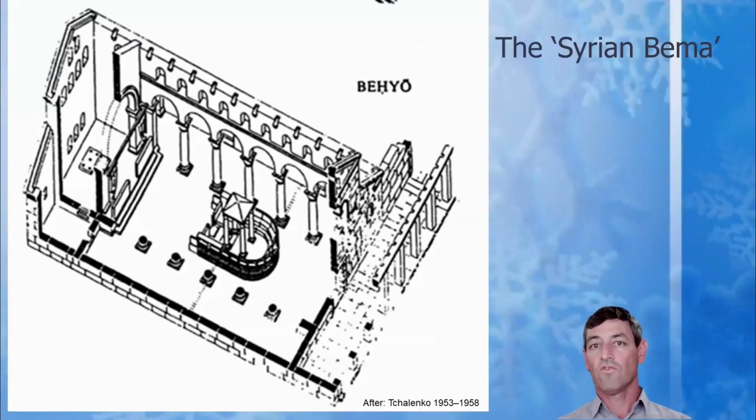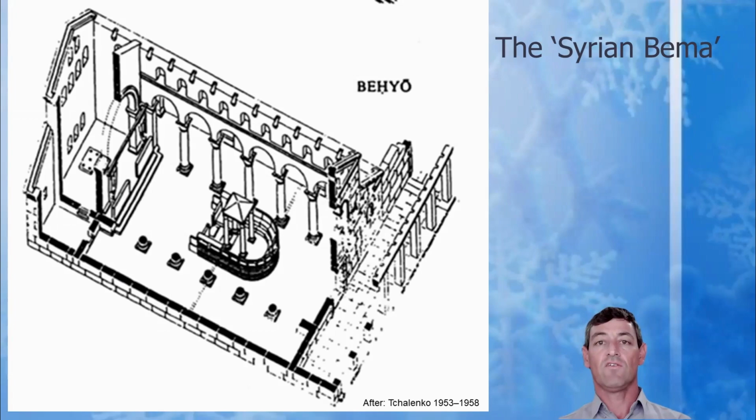This was compared, and rightly so, to the Syrian bema. The Syrian bema is known from the 50s and 60s, from the work of Tchalenko onwards in northern Syria and the limestone massif. And you can see here in Bechayo another bima, which is in the center of the nave in Syria, in some of the churches, not all of them.